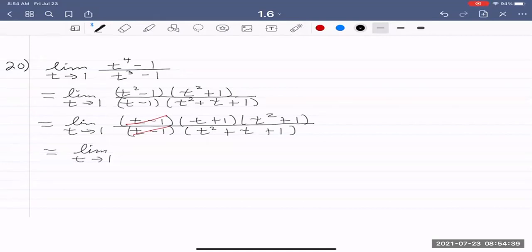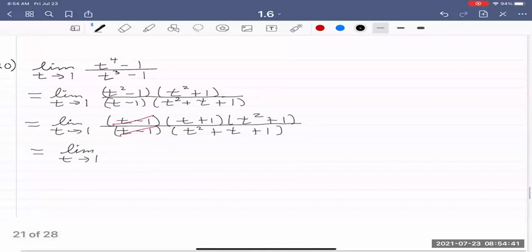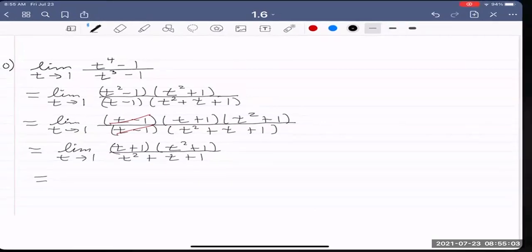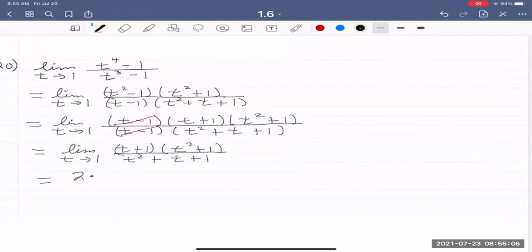So this is equal to t plus 1 times t squared plus 1 over t squared plus t plus 1. And so let's plug in 1. Well, if I plug in 1, I get 1 plus 1, which is 2. 1 plus 1, which is 2.